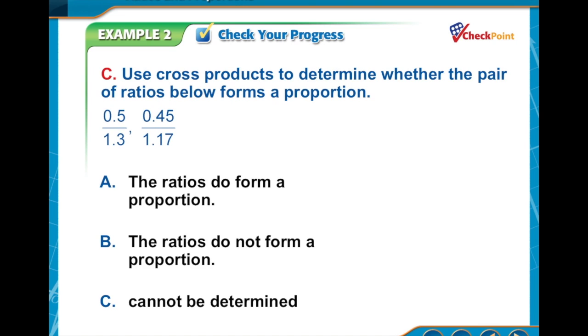So 2C, you want to use the cross products to determine whether they form a proportion, just like we've already done. So we'll take our pen here and we'll multiply across and see what we get, and across again and see what we get. So if we take our first proportion, 0.5 times 1.17, so 1.17 times 0.5.